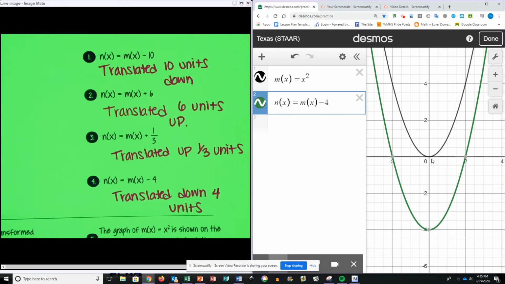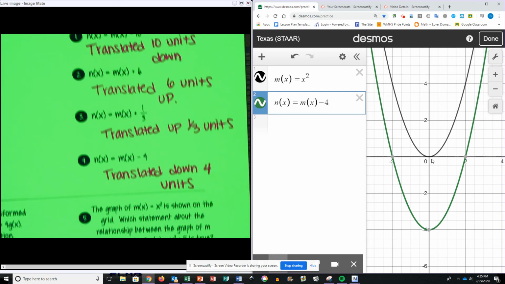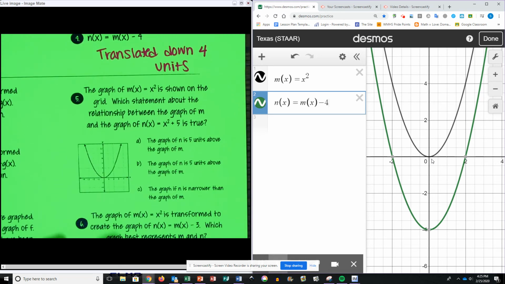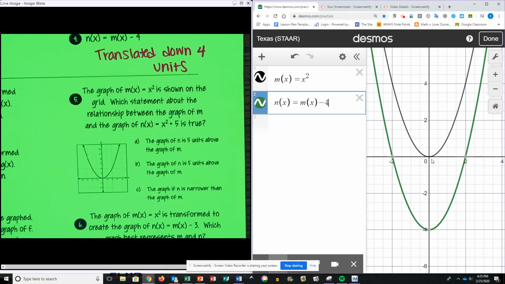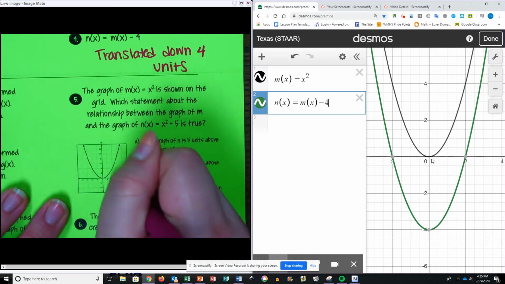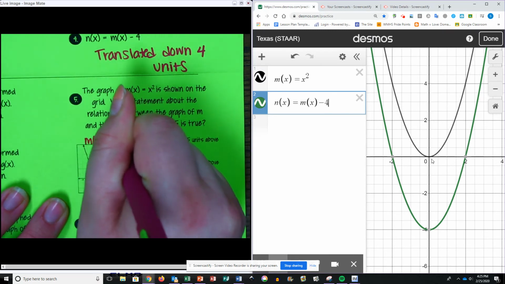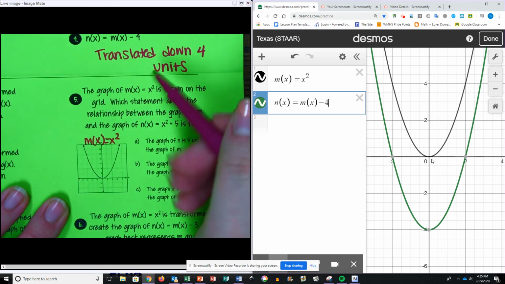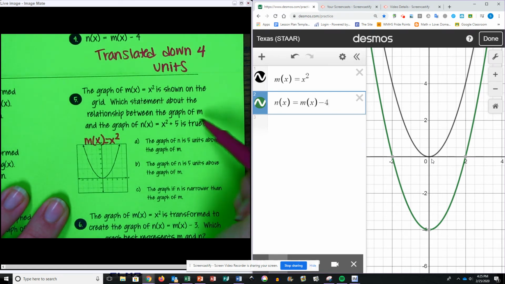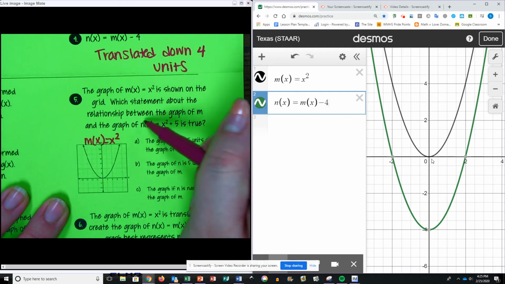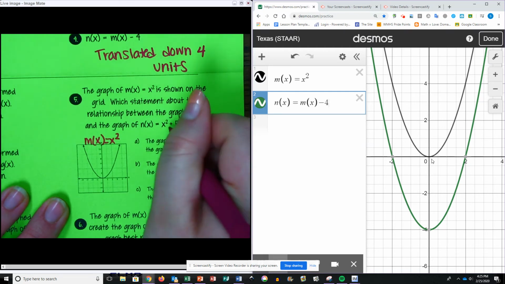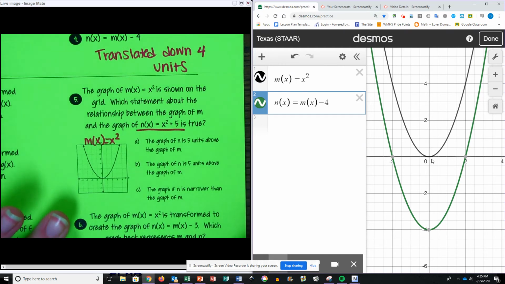All right, now moving down, we have some multiple choice questions. So the graph of m of x equals x squared is shown on the grid. So this is m of x equals x squared. It's our parent function. Which statement about the relationship between the graph of m and the graph of n of x equals x squared plus 5 is true?